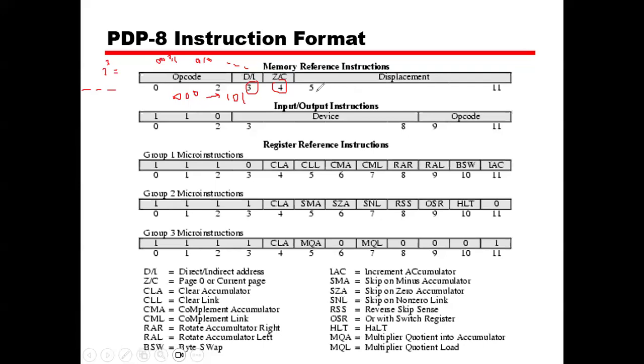And then from 5 to 11, yes, they are used for displacement. So this is a number. This is a constant. Displacement is a constant, right? Okay. So we have 6, remember guys, 6 instructions already. 6 instructions. They are in this format.